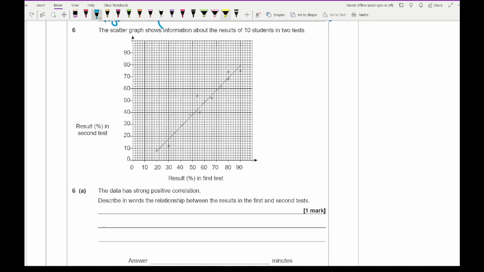Now, if it's got positive correlation, it means that if you did well in test 1, you will do well in test 2. In other words, as one increases, the other increases. If it showed negative correlation, as one increases, the other decreases. So it has the opposite effect.